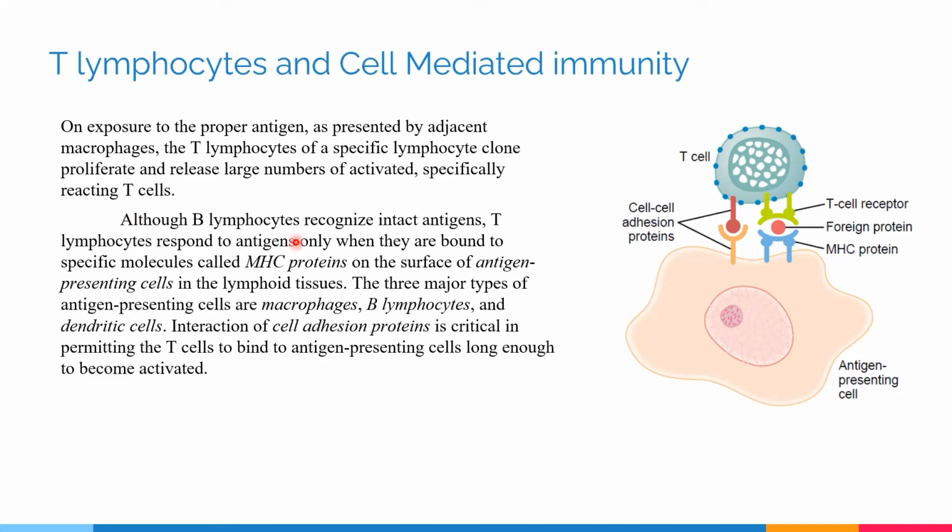Although B lymphocytes recognize intact antigens, T lymphocytes respond to antigens only when they are bound to specific molecules called MHC proteins, or major histocompatibility complex proteins, on the surface of antigen presenting cells.